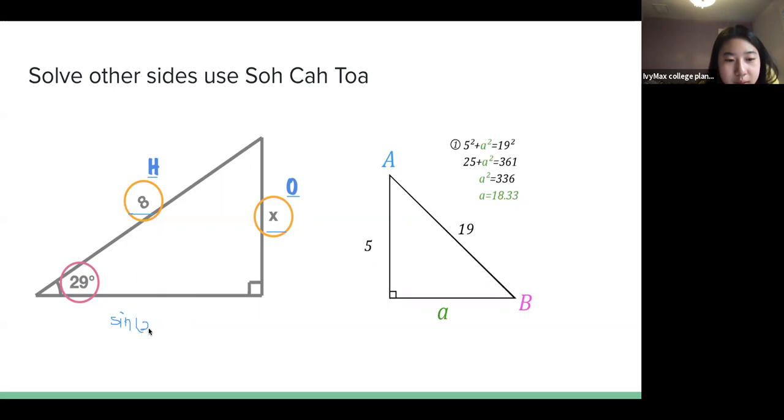So sine 29 is equal to opposite over hypotenuse, that is x over 8 right here. Go ahead and try for 1 minute by yourself to solve sine 29 equals x over 8.